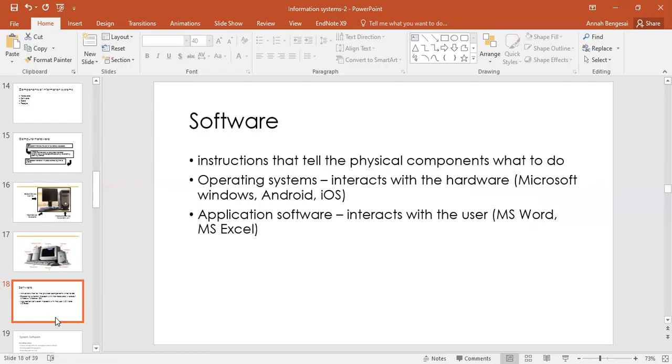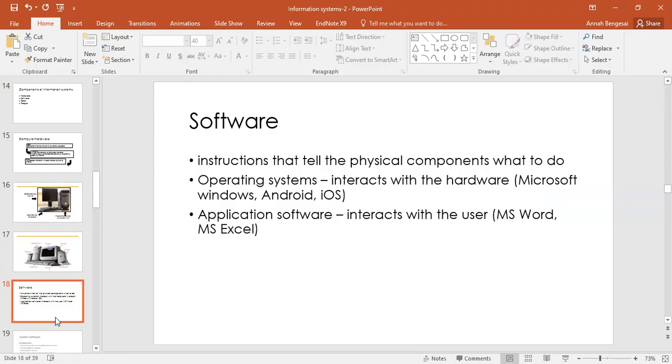There's your operating software, which is the system which interacts with the hardware of the computer, such as your Microsoft Windows on your laptop, your Android or your iOS systems on your Samsung phone or your iPhone. Without your Android system, your Samsung phone cannot work. You can't even download applications such as WhatsApp on a cell phone that doesn't have that operating software, which is your Android software.